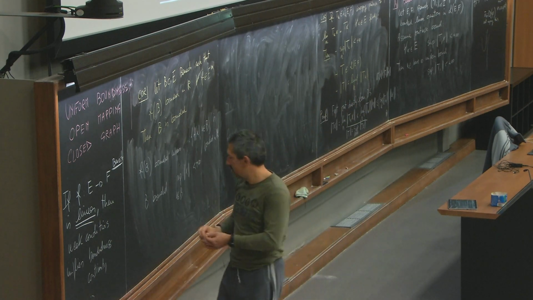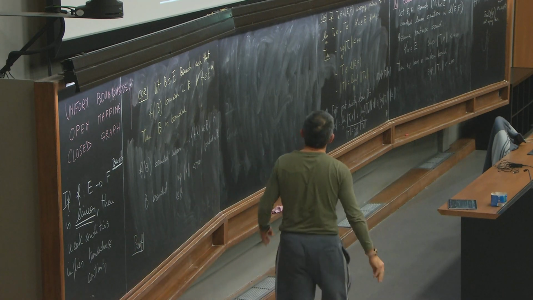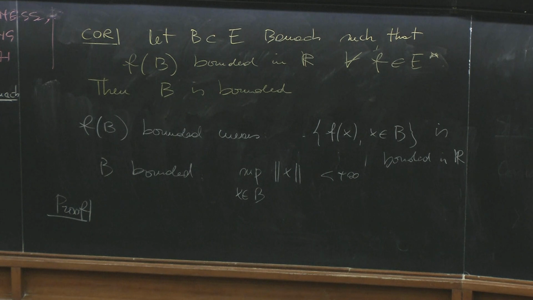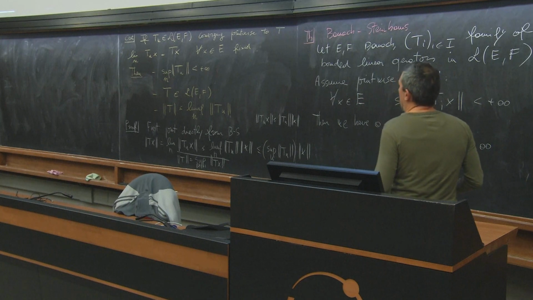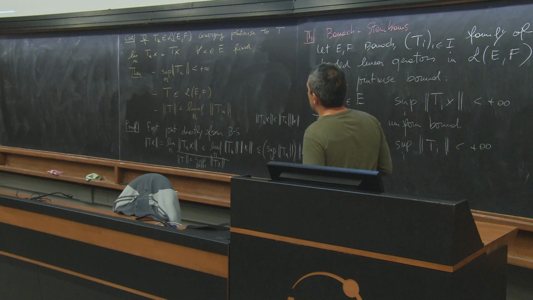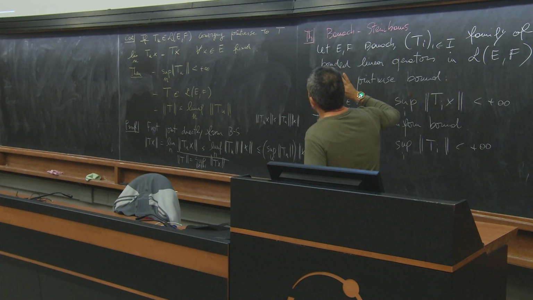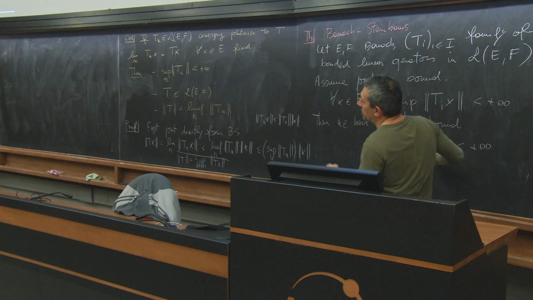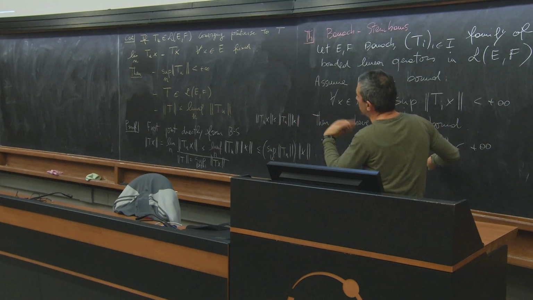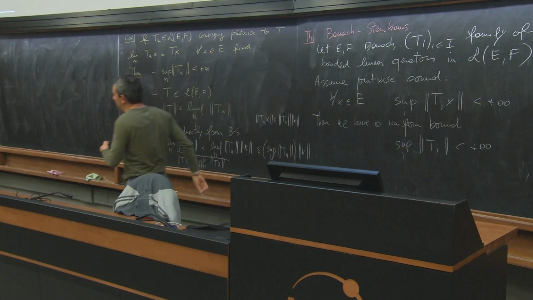So the proof. In order to apply Banach-Steinhaus, I have to define which are the sets and the linear operators. Here I'm saying something about the boundedness of the x, so x should be the linear operator on the space, and the space will be the dual space E star.